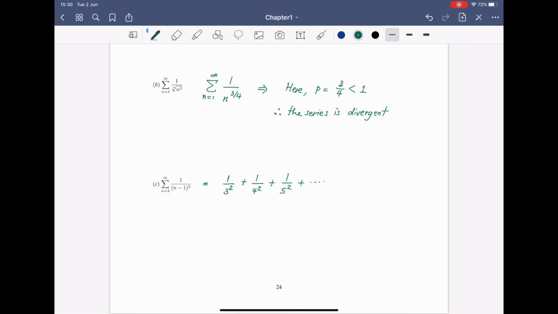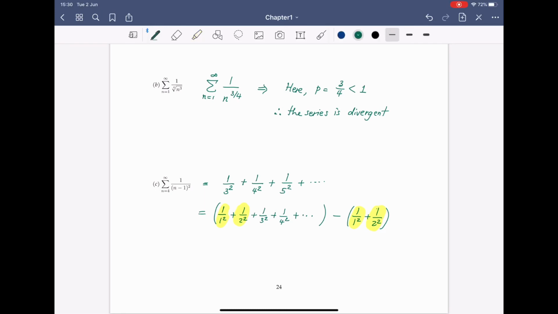So actually, you can just add 1 over 1 square, 1 over 2 square, right? Then 1 over 3 square, 1 over 4 square, and so on. You can add the first two terms in and then subtract the first two terms. Does it make sense? I just add these two terms in, so I have to subtract these two terms out as well, so the equality still holds.